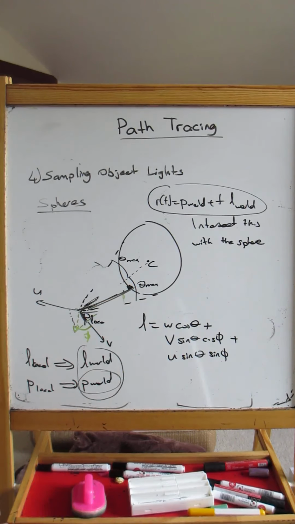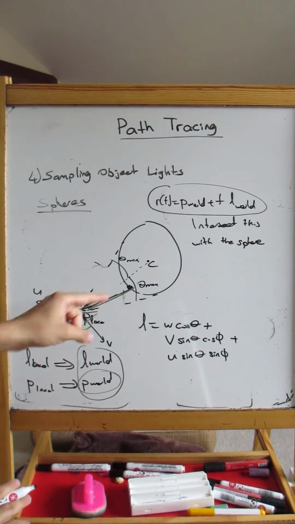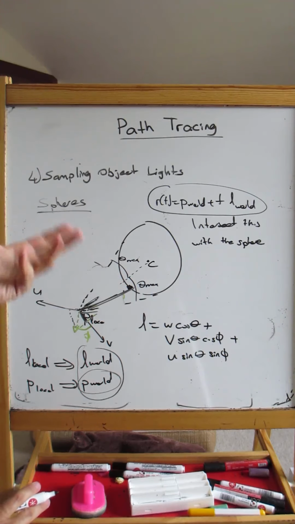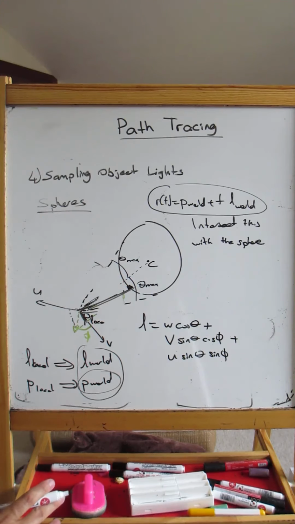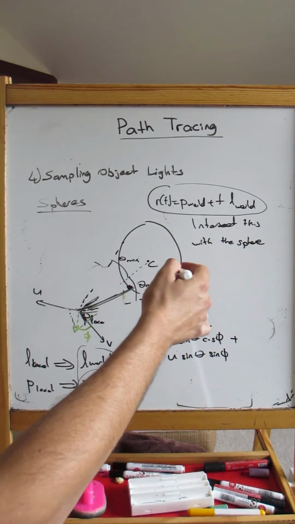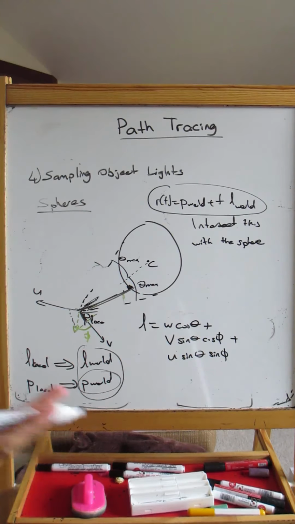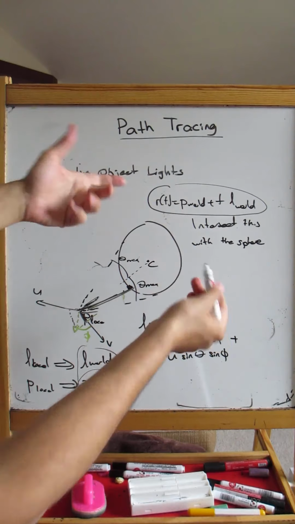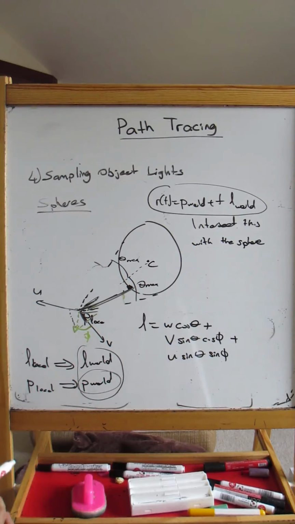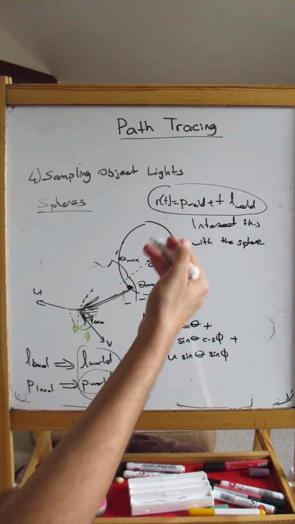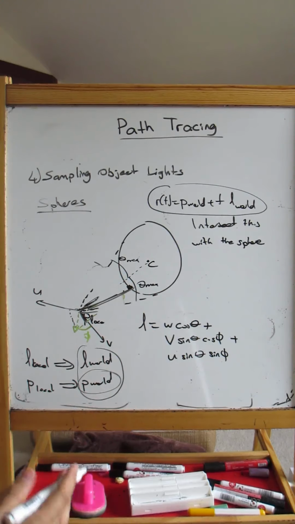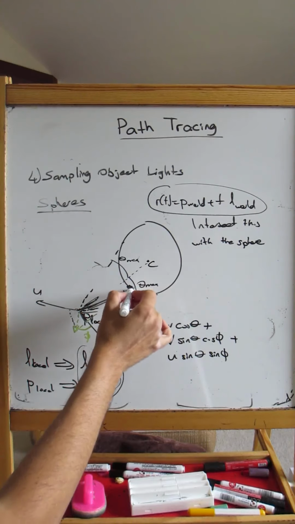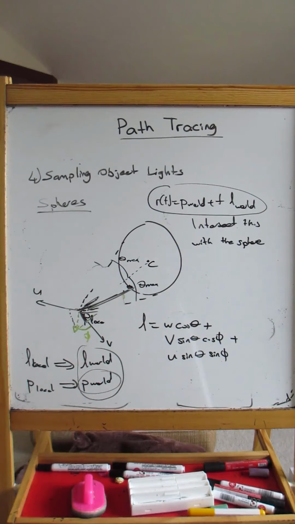We do not directly sample this. Maybe we are doing too much work for nothing, you can say. We could randomly sample a point on the sphere by accepting that some of these points may be at the back of the sphere, and then you don't have to go through this work. But alternatively, if you go through this work, you find the ray equation and intersect the ray with the sphere to find the point from which to get light.